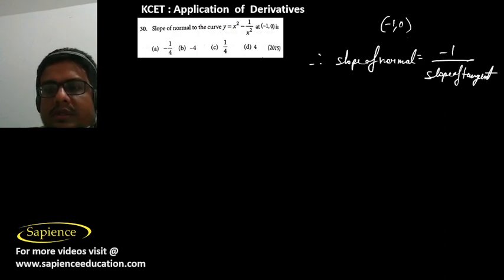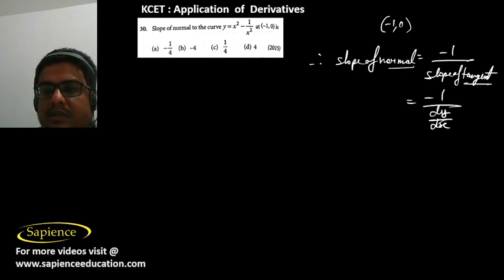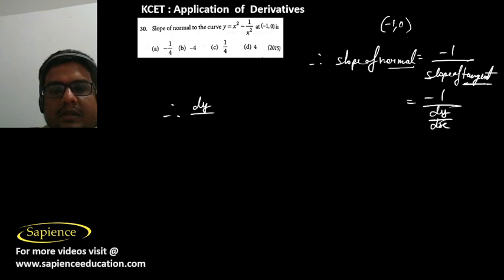That is, the slope of the normal is minus 1 by dy by dx, since the normal is perpendicular to the tangent at any point. Therefore dy by dx will be equal to x plus 2 by x cube.